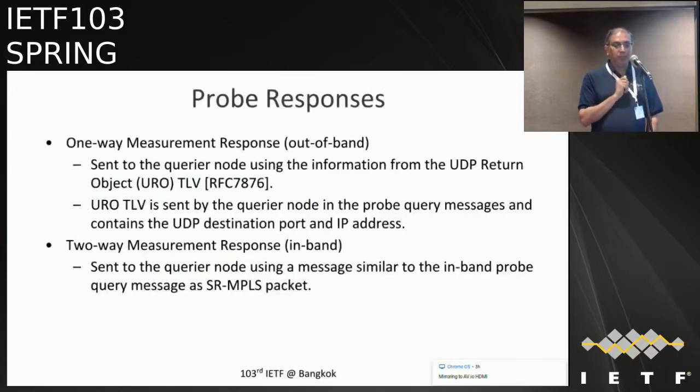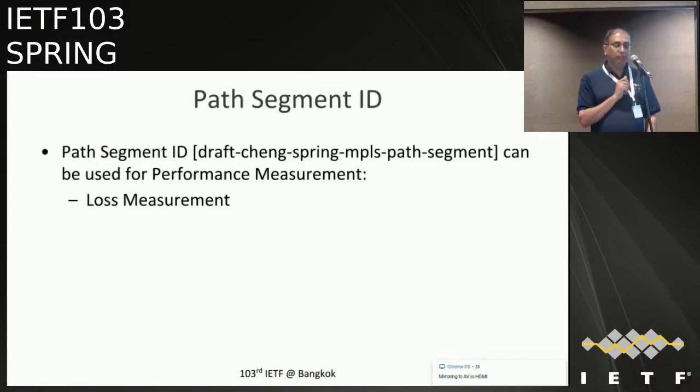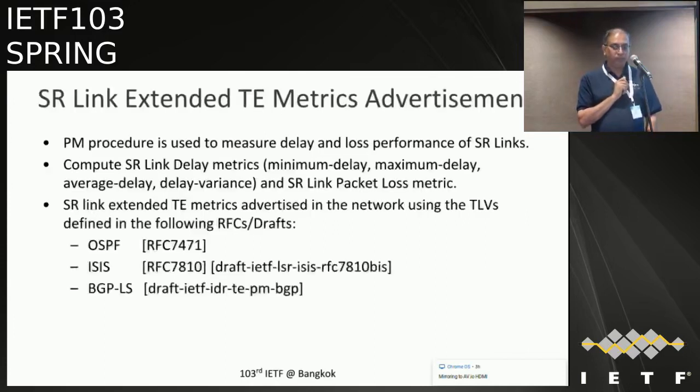There is a path segment ID draft, and it can be useful for loss measurement for accounting traffic. This way we can do the performance measurement for SR links, delay and loss, and then compute the extended TE metrics, so the minimum delay, maximum delay, and so on, as well as the packet loss metrics.